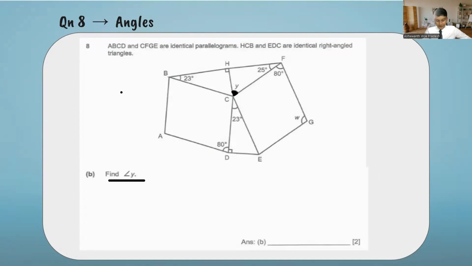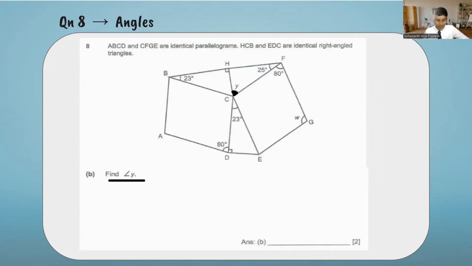If you said first, angle Y is in this triangle, you're correct. Angle Y is in that triangle. Can you tell me what else? That's right. If you say that angle Y is at this point, you are also correct. And that is the correct method we need to solve the problem.